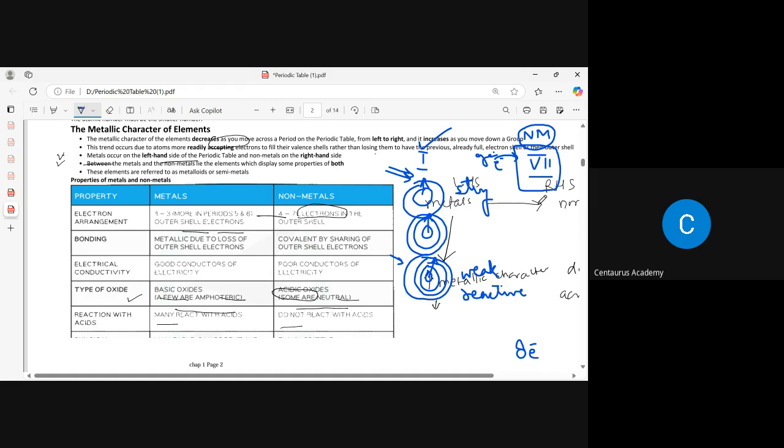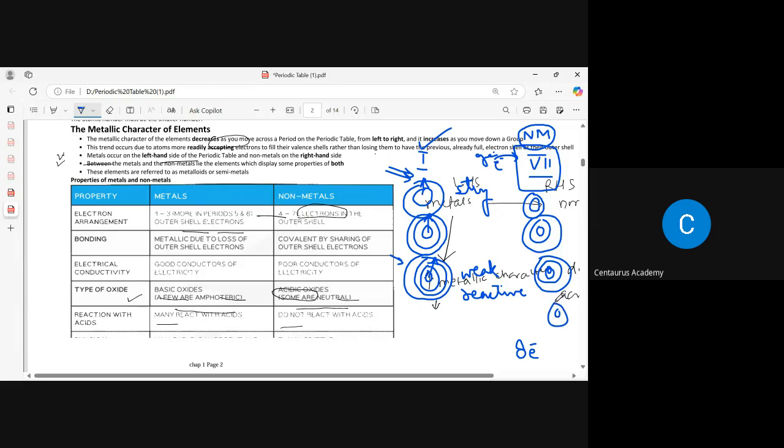If you look into the first one, fluorine is present in period 2 of the periodic table, right? Then as you go down, the period number increases. Chlorine is in period 3, bromine is in period 4, and so on and so forth. So the increasing atomic size is because of the increasing number of electron shells.